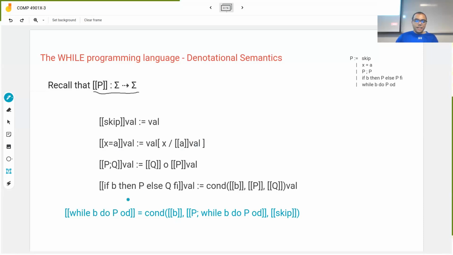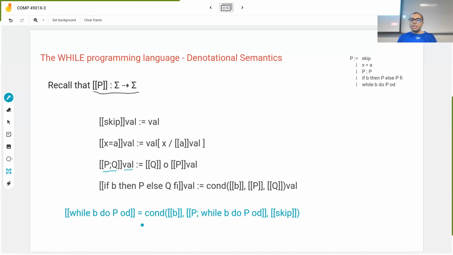Okay. Now, this kind of functional look at programs and their semantics is actually really interesting. Because what happens if I have sequential composition, if I have P;Q at val? What does this mean? It means that this is the program that I want to run, intuitively, and I'm starting at this particular initial value val.